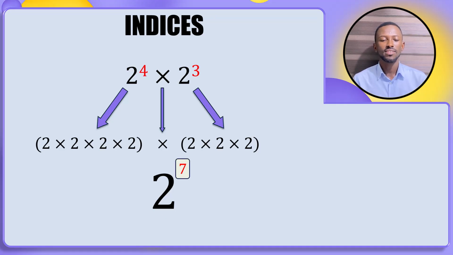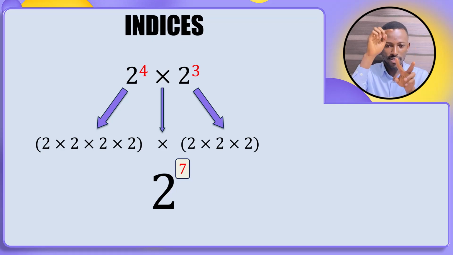But here's a question. Where does this 7 actually come from? It comes from the addition of the number of times the factor appears. But what if I tell you there's an easy way of doing it? When you have 2 to the power 4 times 2 to the power 3, and you have to expand them and count the number of times they appear, there's an easier way.